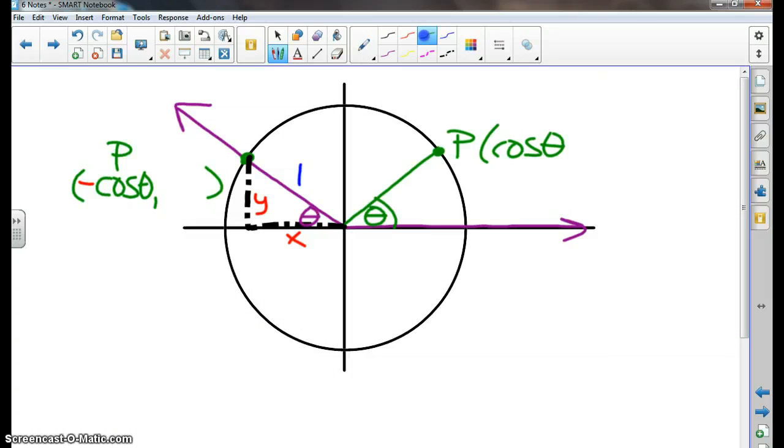And on this particular cosine point right here, the sine of theta, as long as these two thetas are exactly the same size, will be exactly the same number as this angle right here.